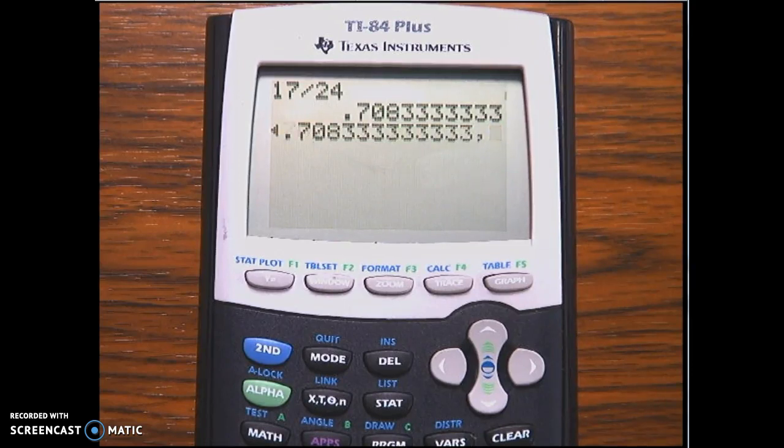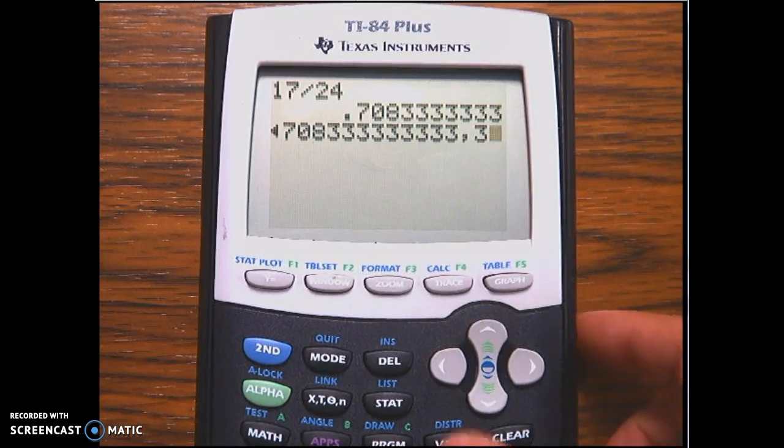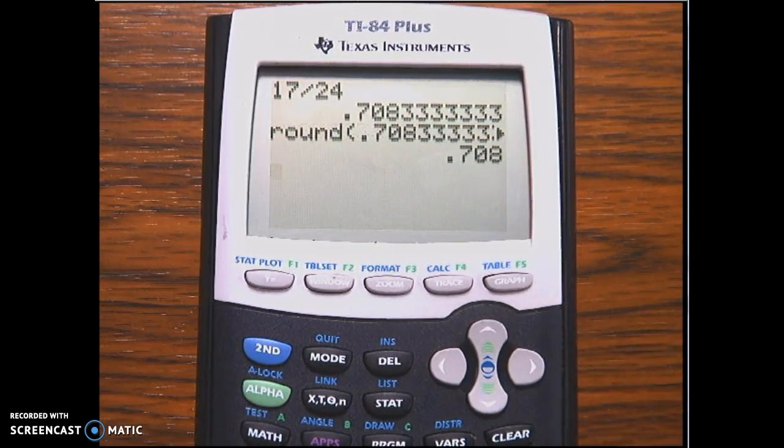So if you want to round it to 3 decimal places, you put comma 3, 5, comma 5, 6, comma 6, and so on. Close the parentheses, and it's going to round that number to 3 decimal places for you. Again, might sound silly, but in a high-pressure situation, you want to make sure you're just double-checking your work if you have the time. This is a great way to do that.